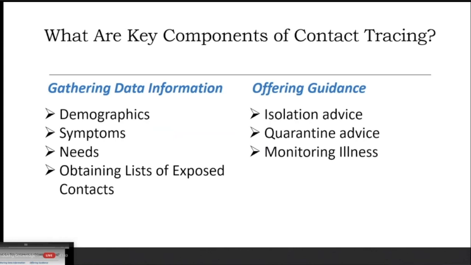We want to know if they have had to spend any time in the hospital, if they have any needs for resources. Most importantly, it is crucial we ascertain the names and contact information for individuals who have been exposed. This allows us to offer isolation and quarantine advice to those who need it most. We also monitor the illnesses of the people we interview for the duration of their isolation.